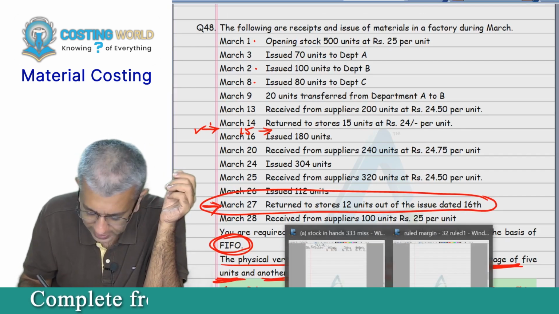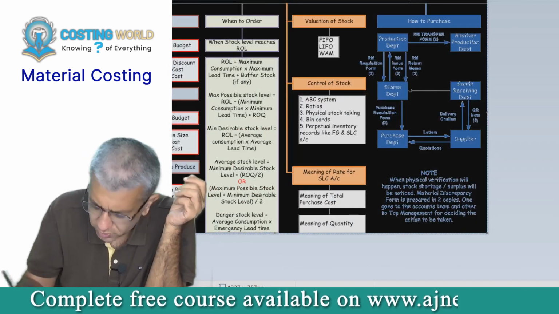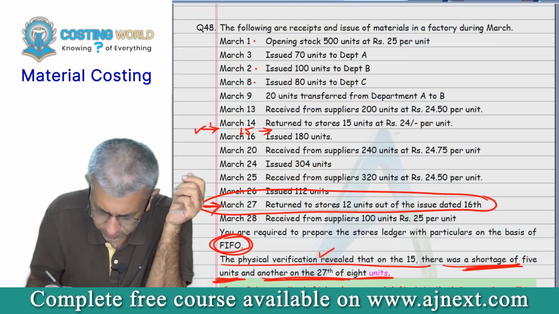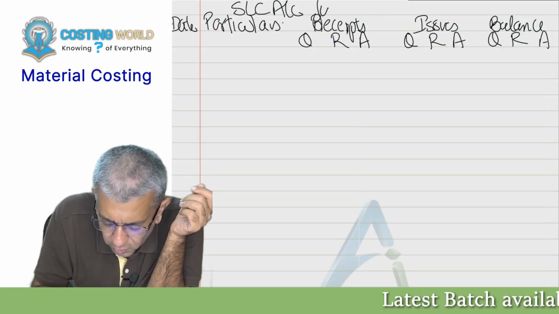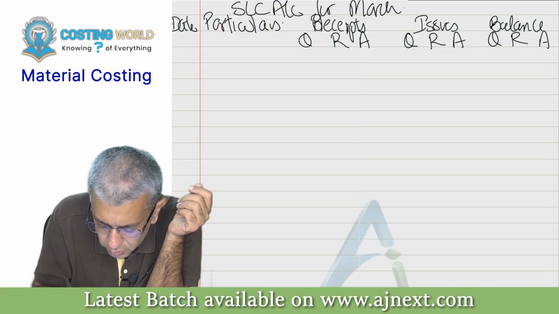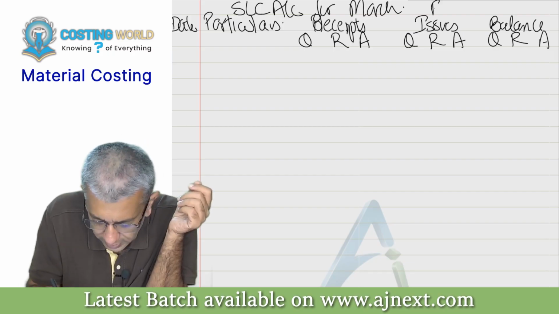SLC account, you all can write down once. This I don't require. SLC account, write down for March, and it is FIFO method.